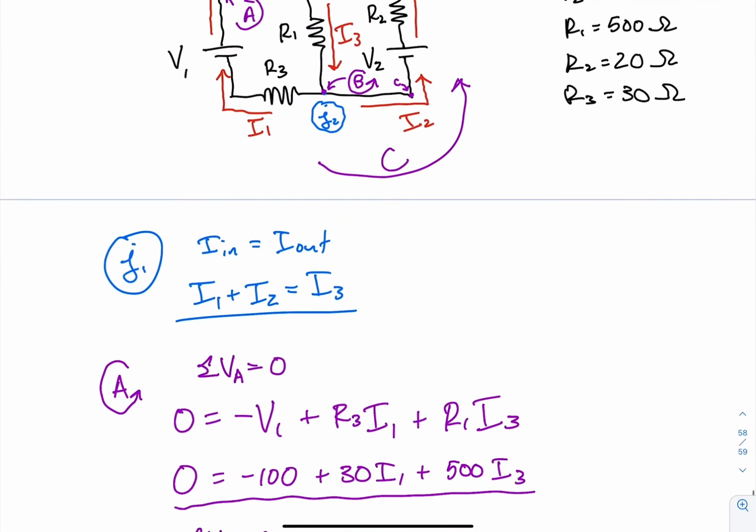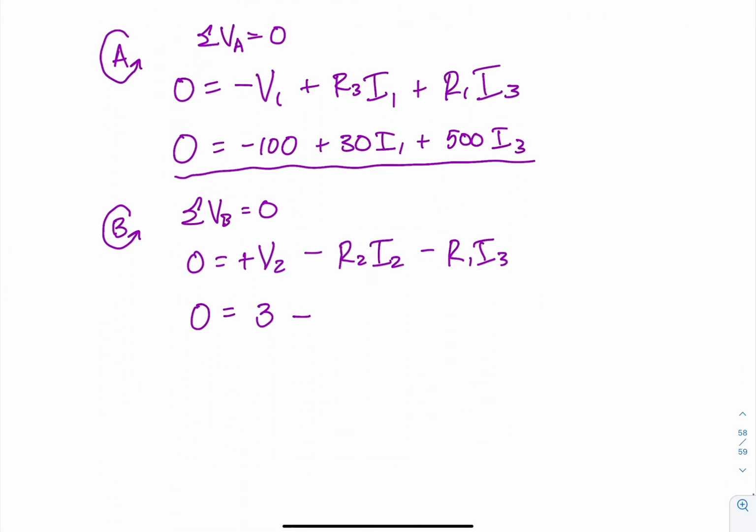R2 was 20. And R1 was 500. And so you can see this time our equations have multiple unknowns, and so it's not quite as straightforward as the last example we did, but that's okay.